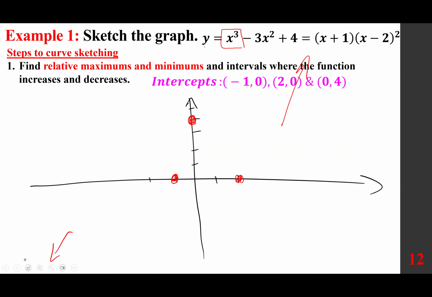Also, when I look at this one, that means multiplicity 2. So what it means is that it can't cross that. That's why we put a double arrow.